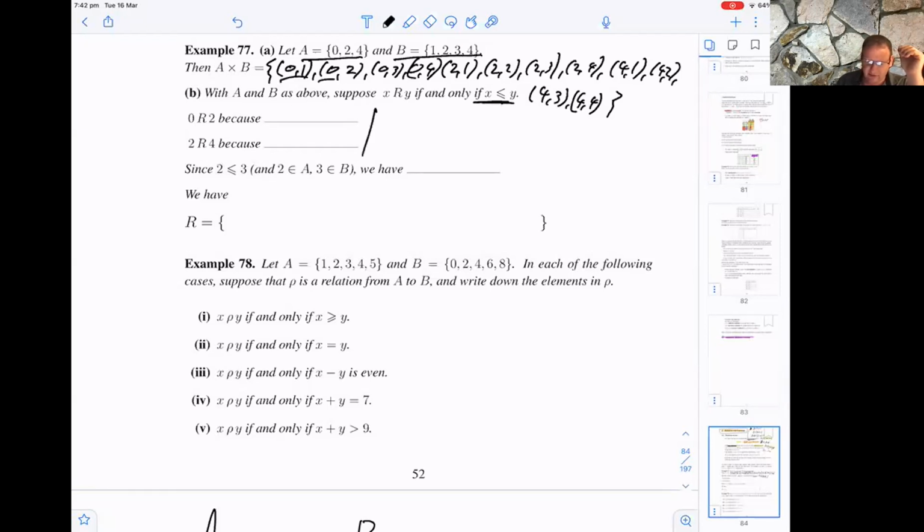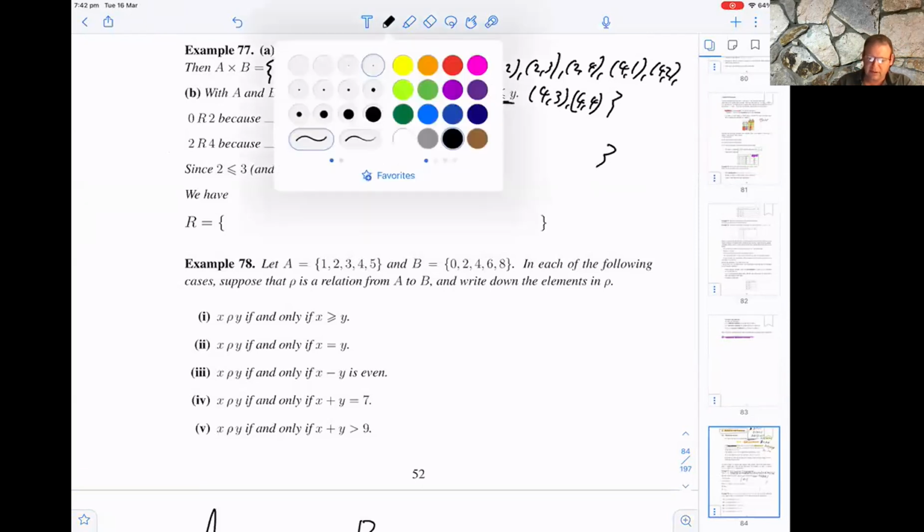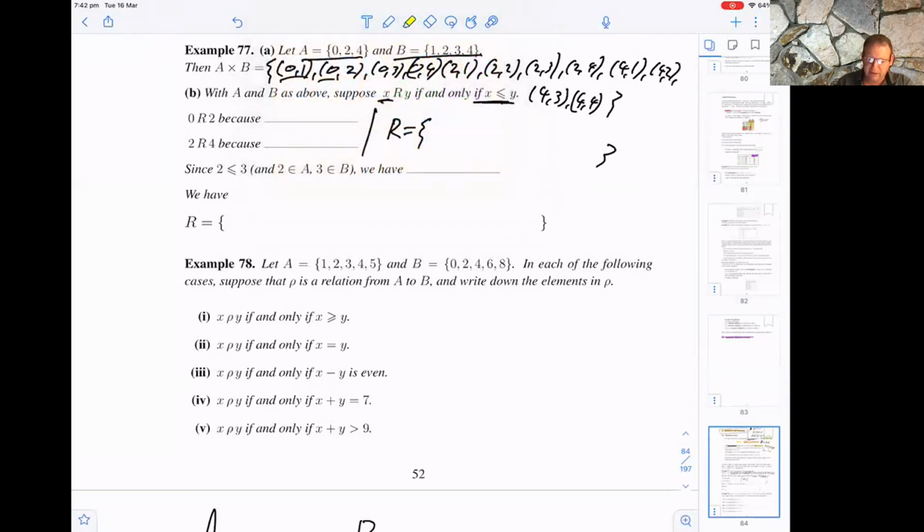Let's not answer this yet, but actually write all of the elements where x is less than y, where the first element of the tuple is less than the second one. Let's paint them. X is less than y, x is less than y, x is less than y, x is less than y, x less than or equal to y.